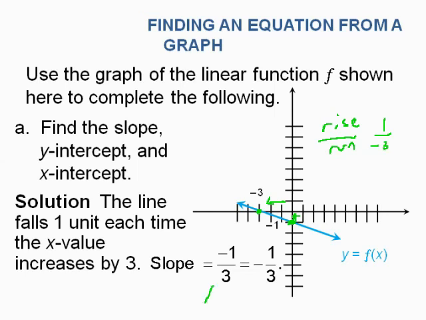Now notice down here, you can get negative 1/3 other ways as well. If you started at the top point, you could go down 1 and right 3, but no matter which way you go, you're still going to end up with this negative 1/3.